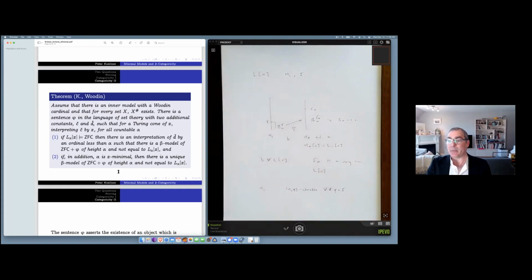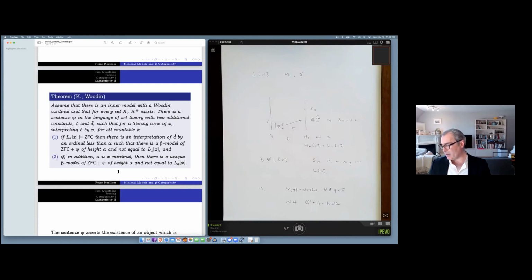They think they're this iterable. They can't be delta plus one iterable. They can't see these branches, because if they could, they would be collapsing things that are cardinals.